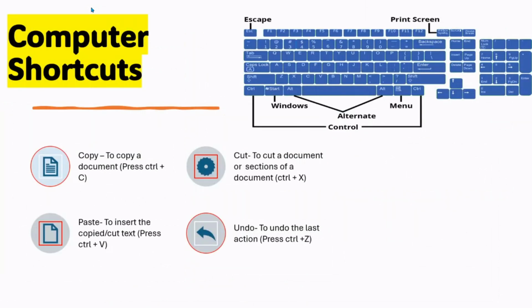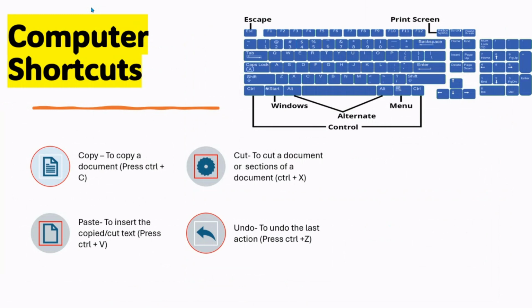And then these are some computer shortcuts. So we have copy. To copy, we press the control key along with C and we press both of them at once. With the paste, Control V, cut, Control X, undo, Control Z. And looking to the right top hand corner of the screen, you're able to see two control keys.